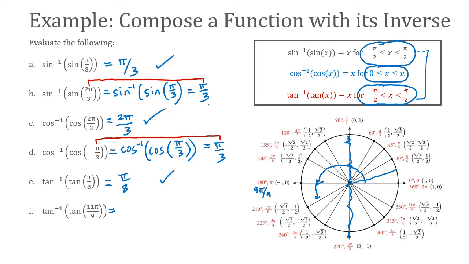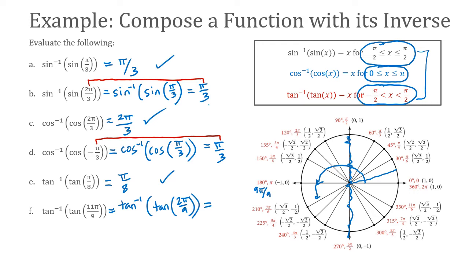And it's not only in the third quadrant, but it's 2 pi over 9 away from the x-axis. So I'm going to say, that's a reference angle, I'm going to say that the tangent inverse of the tangent of 11 pi over 9 is equal to tangent inverse of the tangent of 2 pi over 9.